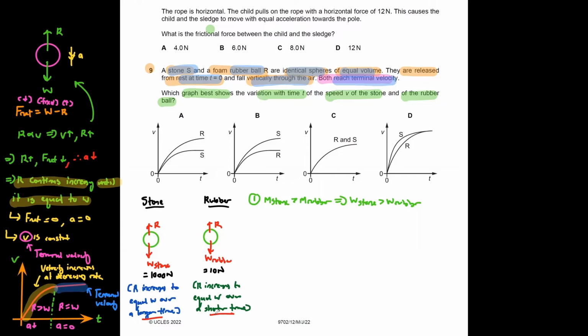Okay, now the time that it took for R to increase until it's equal to W will actually affect the time you reach terminal velocity as well as the magnitude of terminal velocity that you reach. So let's just say, for example, I thought about the rubber. The rubber will reach terminal velocity earlier and at a lower magnitude.